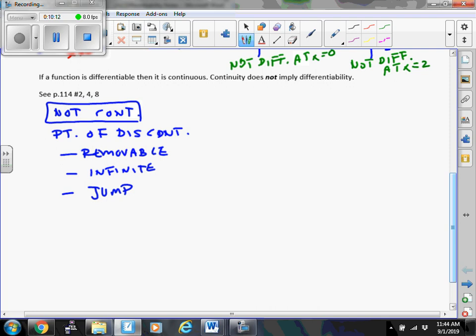So we've already discussed points of discontinuity and removable. So removable would look like this, and the equation would be something where you can cancel. So if I had something like this, that function right there is x minus 1 over x plus 1, x minus 1. Which implies at 1, you don't have a vertical asymptote. What you have is a removable.